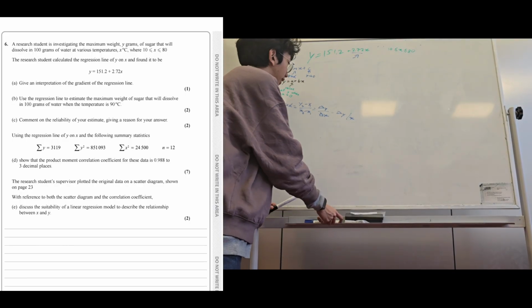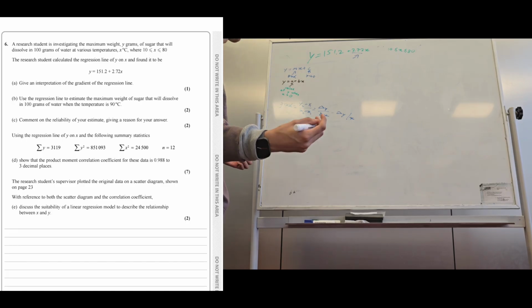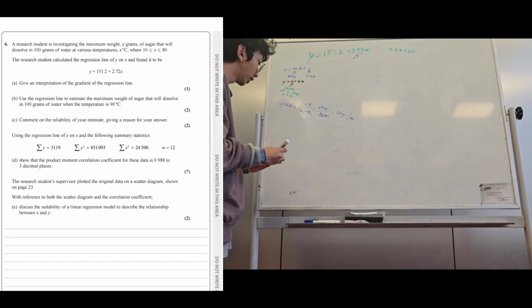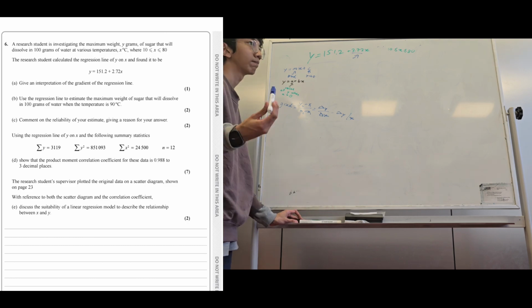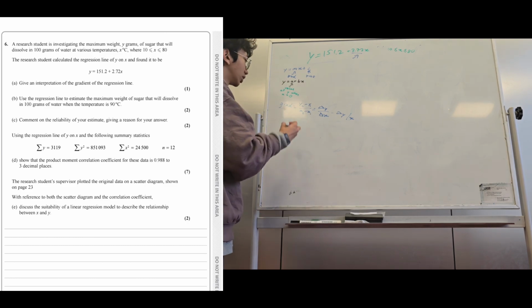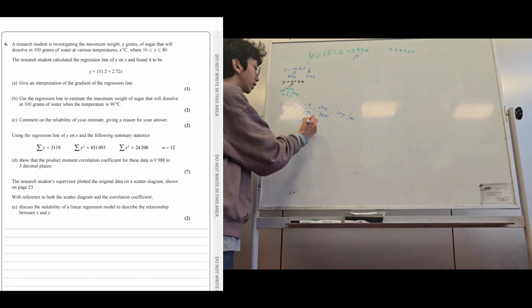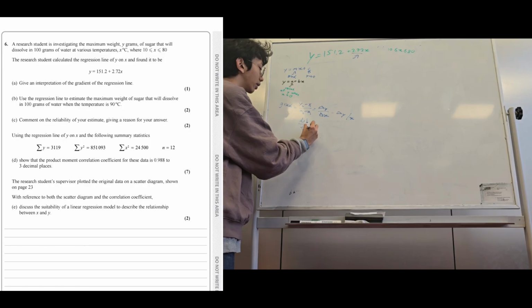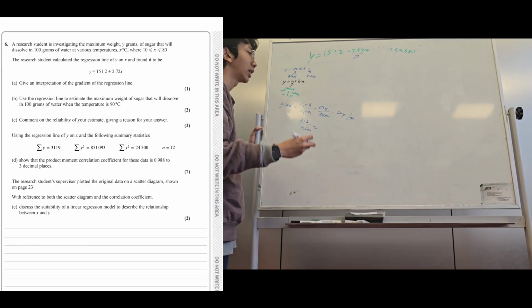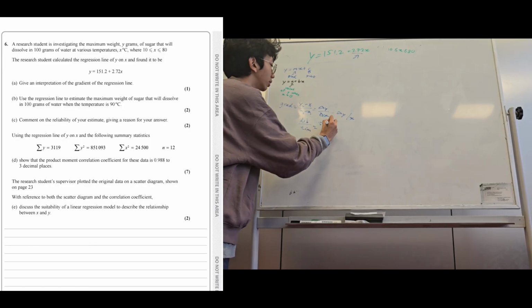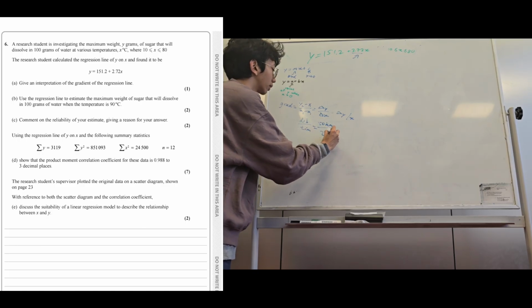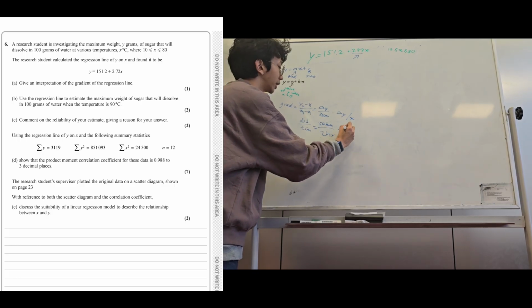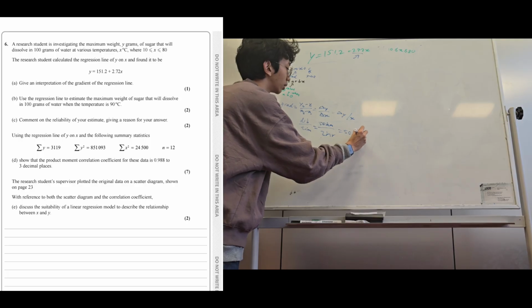To give you another example to understand it better, let's say speed. Speed is equal to distance over time, right? Let's say I go 25 kilometers in 1 hour, so my speed is 25 kilometers per hour.